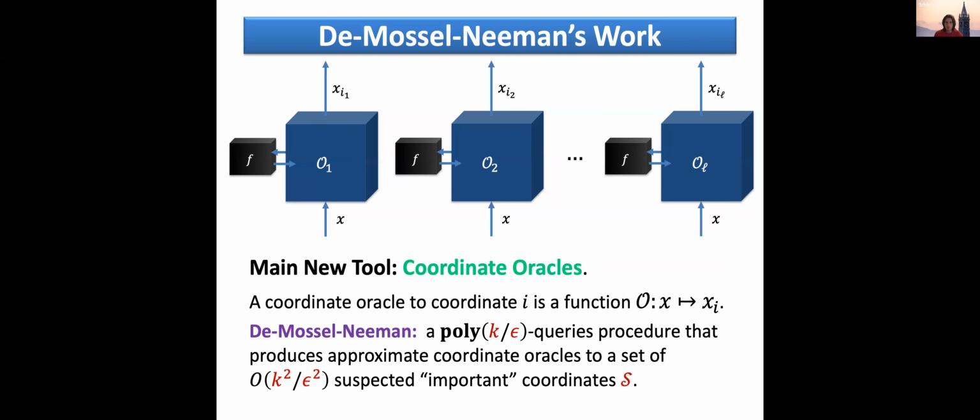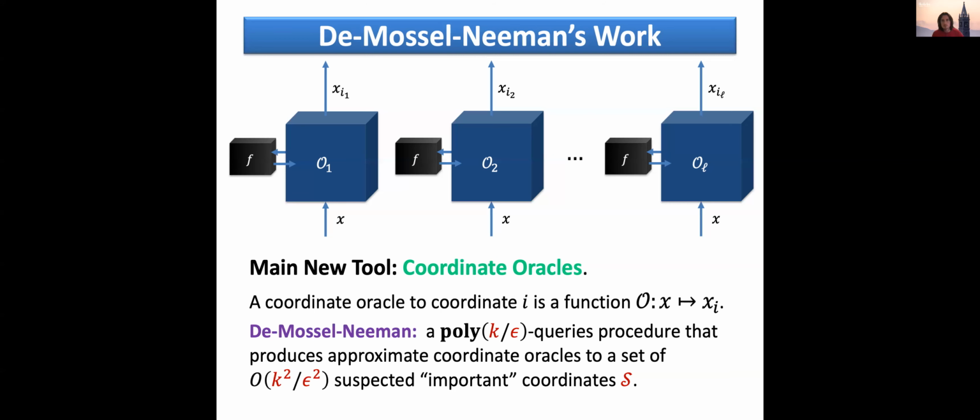Stated in general terms, the result of Day, Mossel, and Neeman is that they give a query procedure, with complexity polynomial in k over epsilon, that produces approximate coordinate oracles to a set S of roughly k squared important coordinates of f. This is hard to parse at first, so I'll say a couple things.